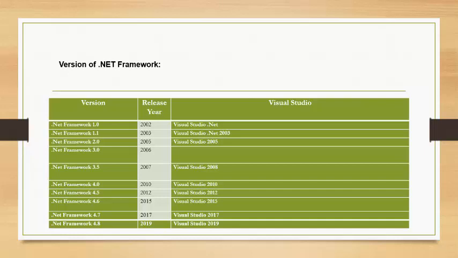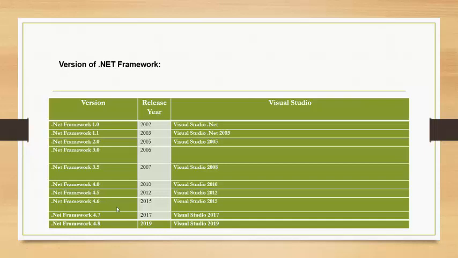So Visual Studio is an environment in which we develop websites or Windows applications, and versions are a set of frameworks that we run on our computer. With the help of the framework version we can run the applications. It is like Android applications: a higher version cannot run on a lower version, but a lower version can run on the higher version framework.